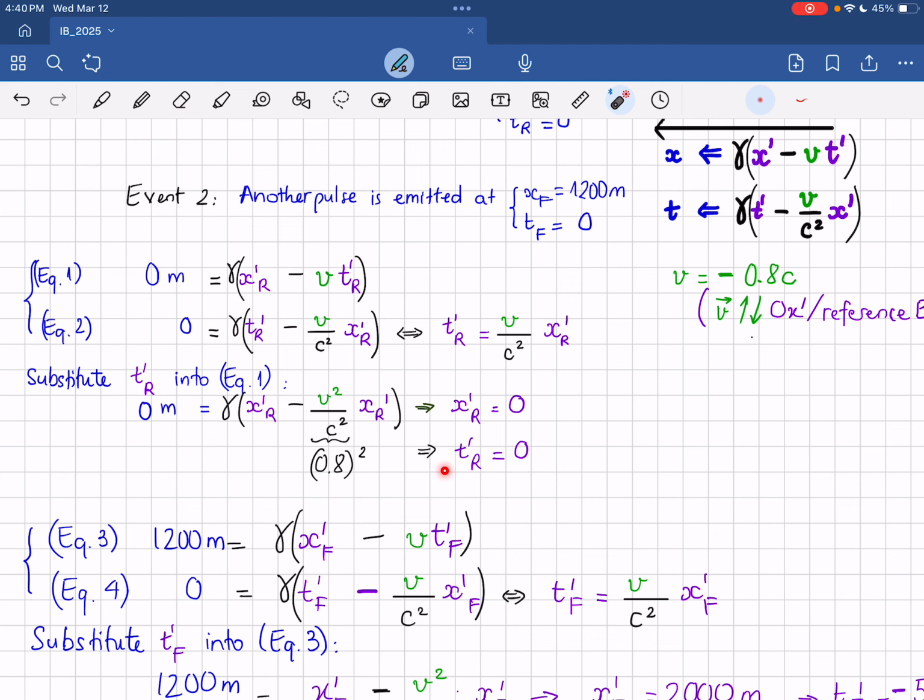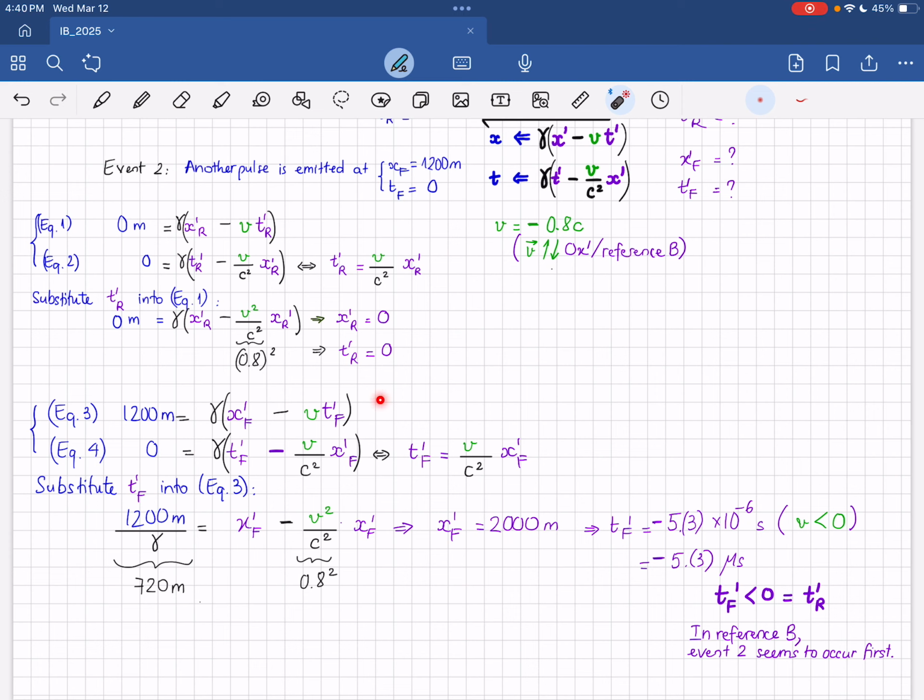And from here I can find this. Easy, right? And then just do the same thing. You can check the math I'm doing right here. But basically, after solving this one, I found that x prime f is 2000 meters. Same result. And then I come back here to plug in here, I can find the t prime of f to be the same, right?